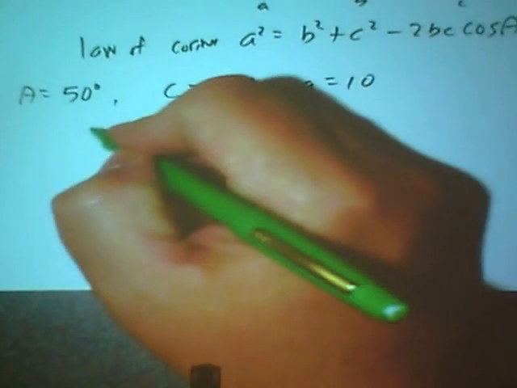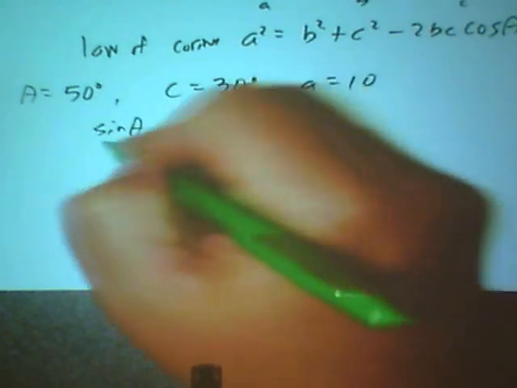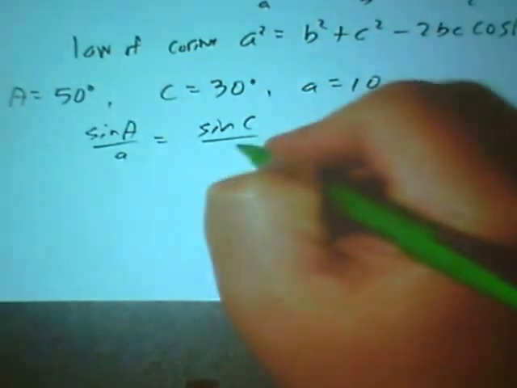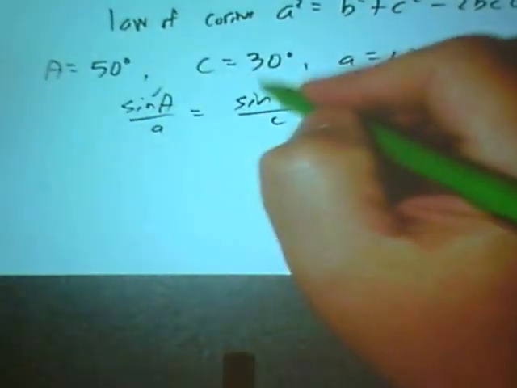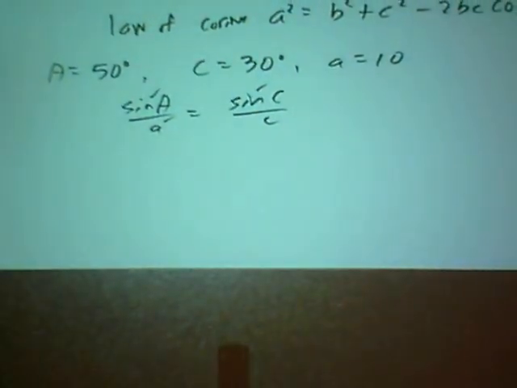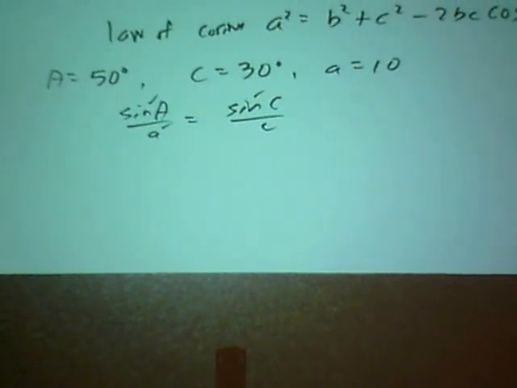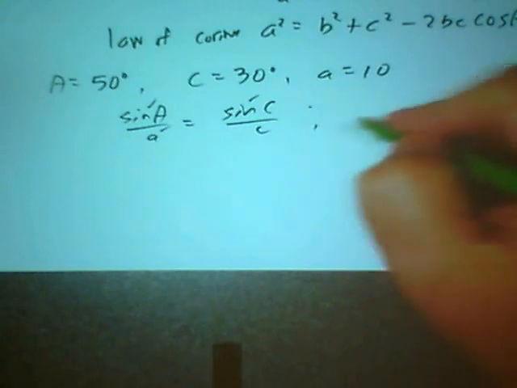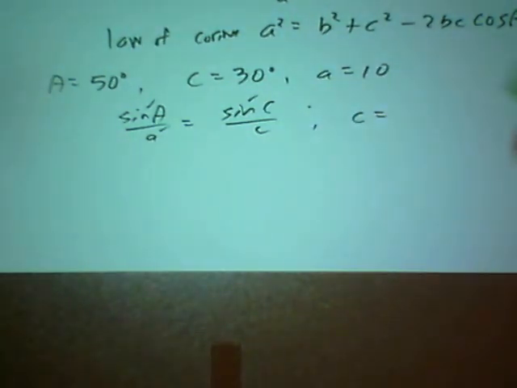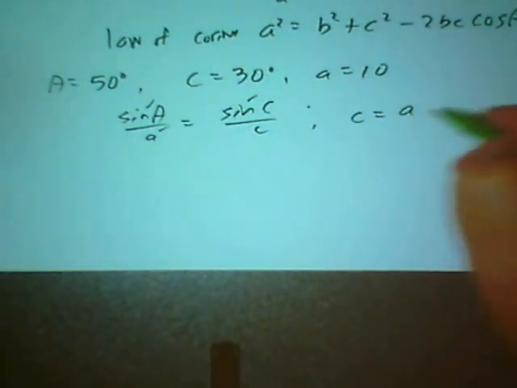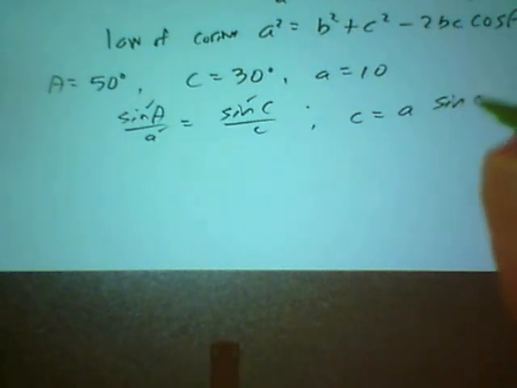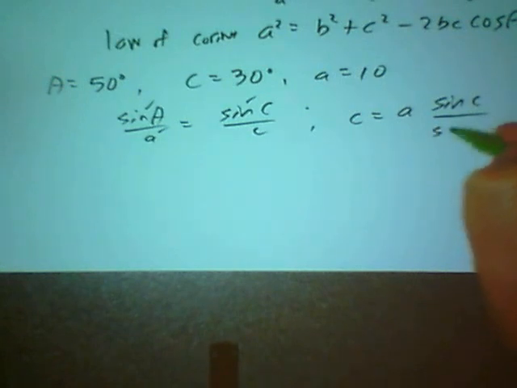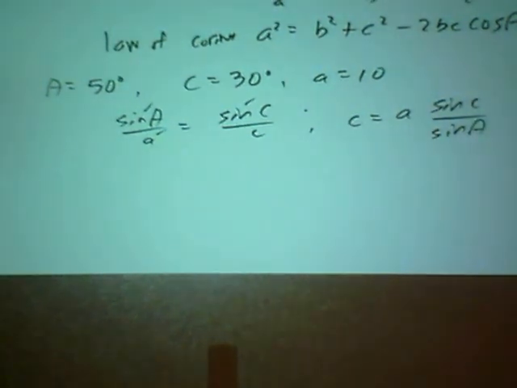What I'm going to do is say sine of A over a equals the sine of C over c. And I know those three things, so that equation will allow me to figure out the length c. So if we wrote it, c would be equal to a times sine of C over sine of A.